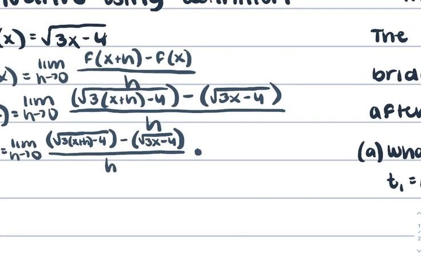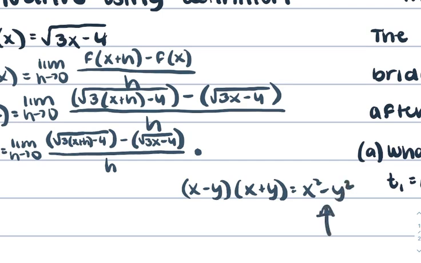And so multiplying by the conjugate is basically like the difference of squares. So multiplying x minus y times x plus y would equal x squared minus y squared. And so we're trying to get to this x squared minus y squared, and so far this would be our x minus y. So that's why we want to multiply by x plus y.